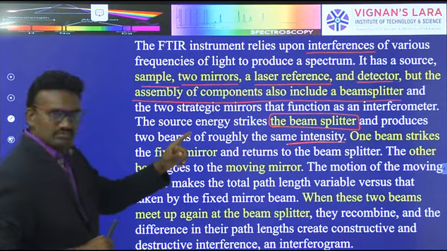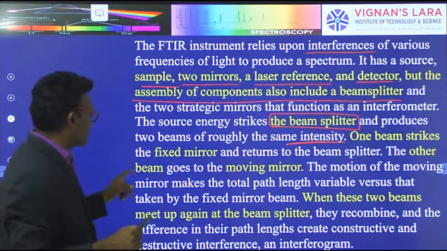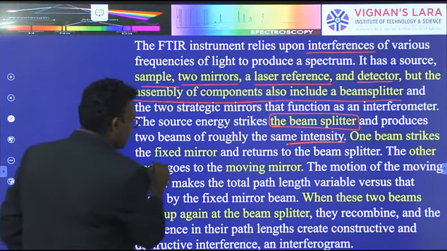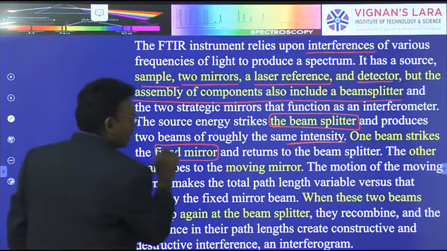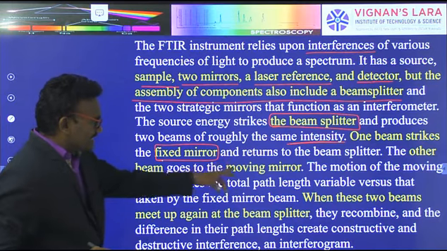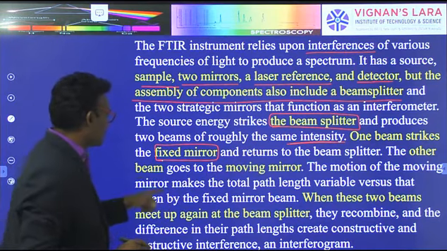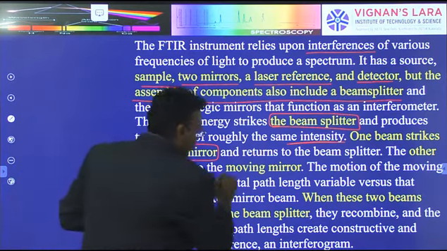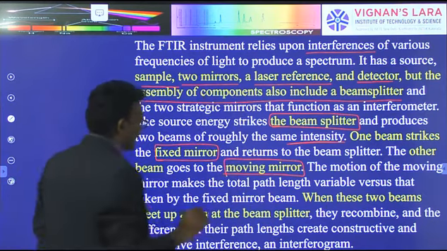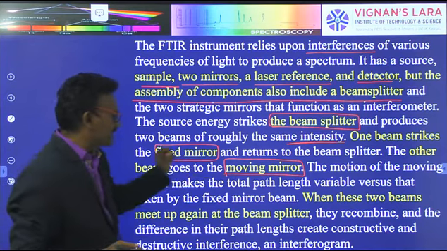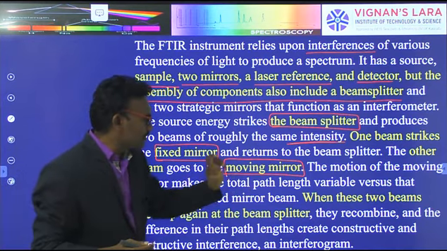One beam goes to the fixed mirror and returns to the beam splitter. The other beam goes to the moving mirror.